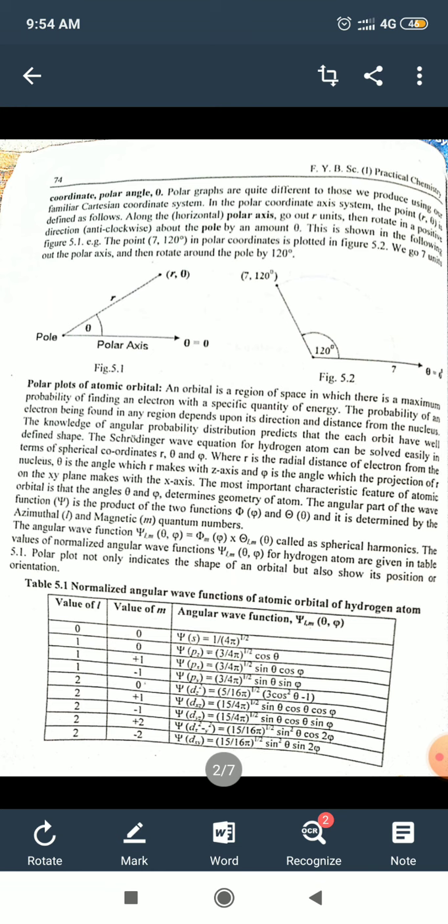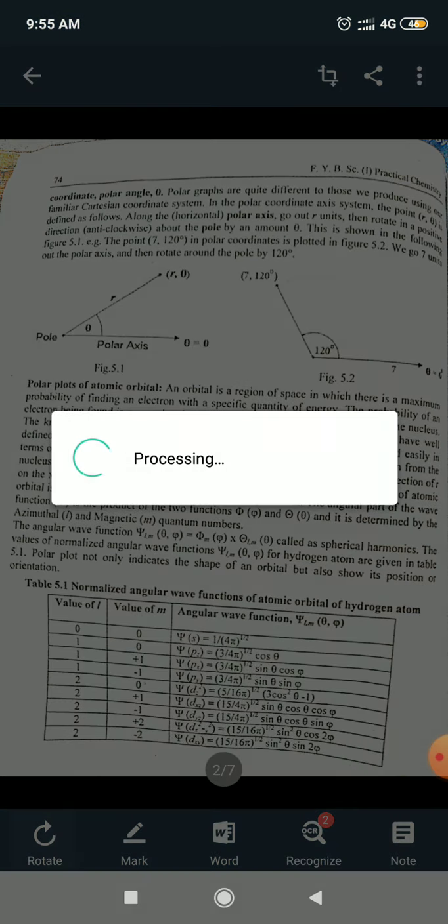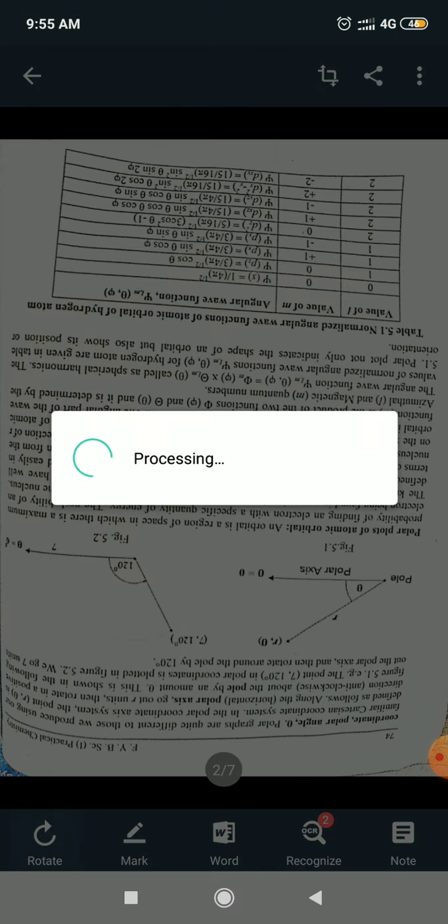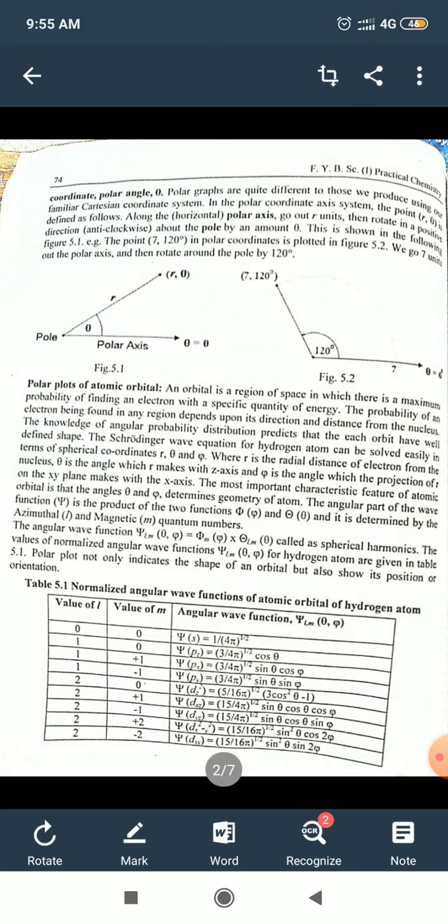First, the value of L, the value of M. This is the angular wave function psi, theta and psi. Next one is the value of L equal to 0, N equal to 0, psi for S is equal to 1 upon the square root of 4 pi.